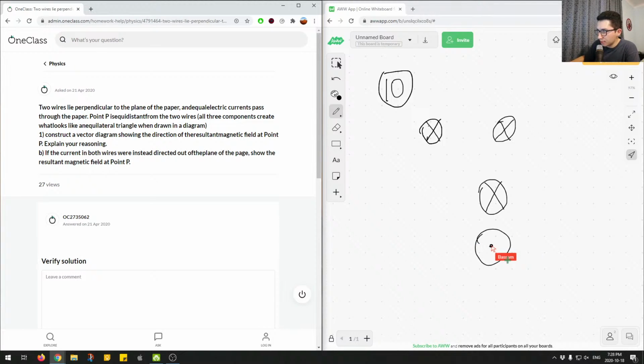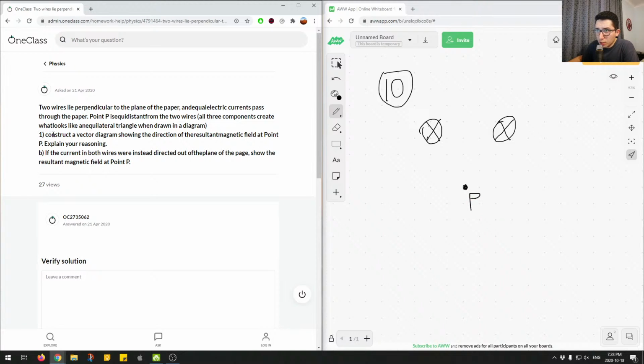When you have this, you know that the wire is going out of the page and the current is coming at you, versus when it's an X, you know that the current is going into the page. Okay, we'll continue on. So P is equidistant, and they form an equilateral triangle. So we'll say point P somewhere over here.